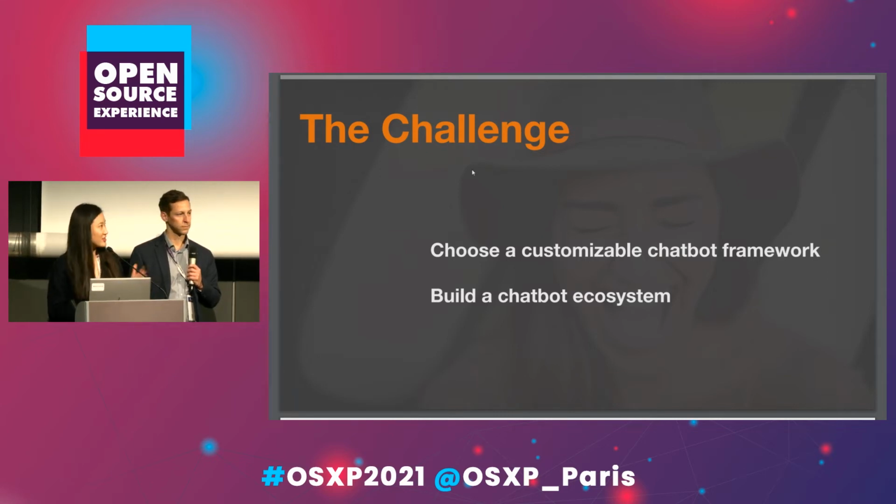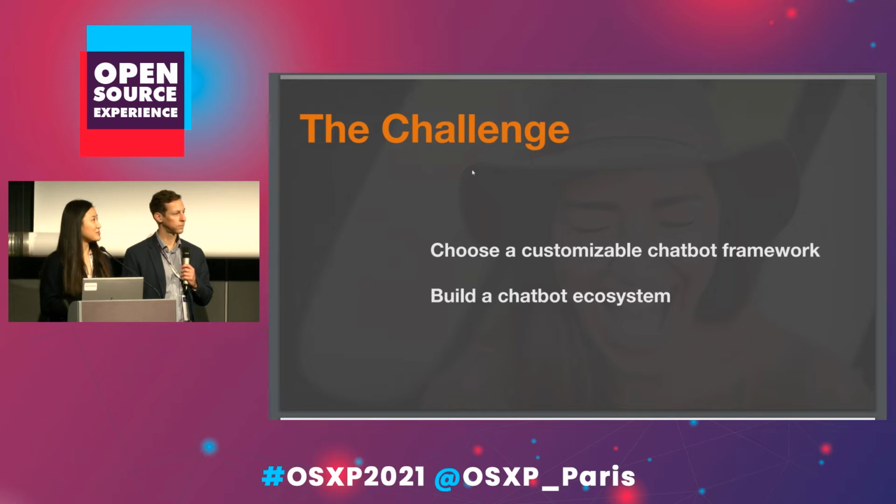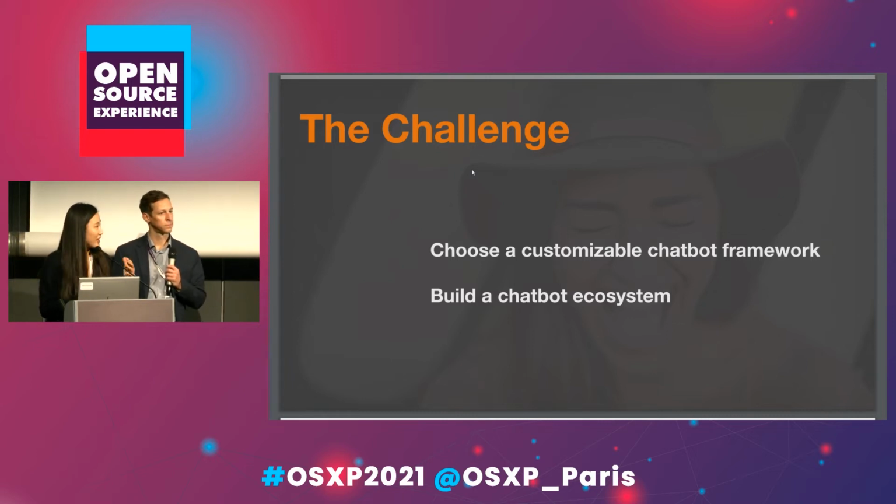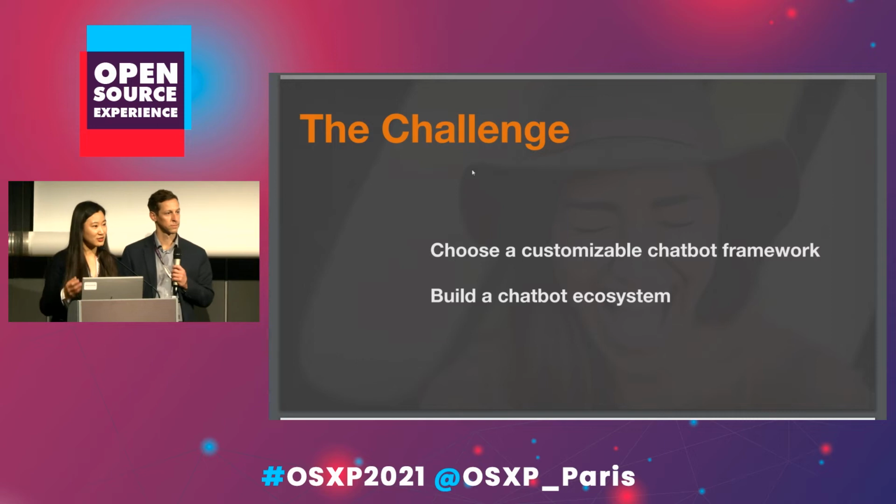The first one is to choose a customizable chatbot framework, and then create a chatbot ecosystem so that we can benefit from a generic chatbot framework. In the meantime, we can have full control over sensitive data, UI presentation, and the transfer between different chatbots and even to a human agent.